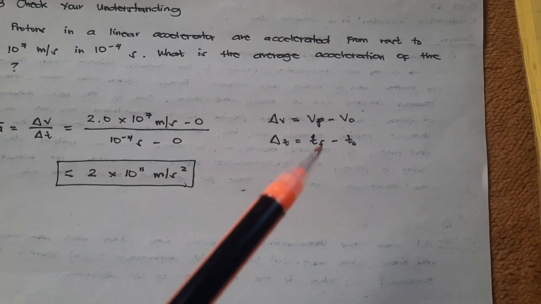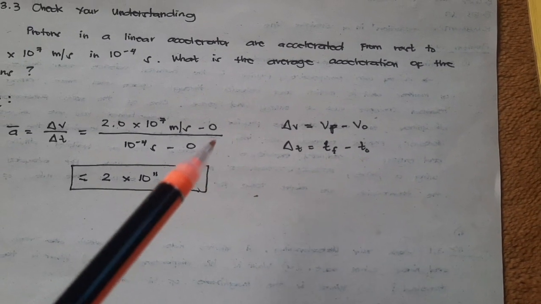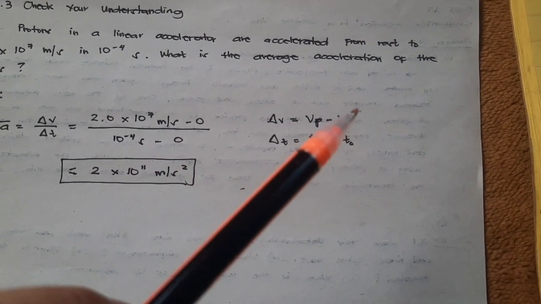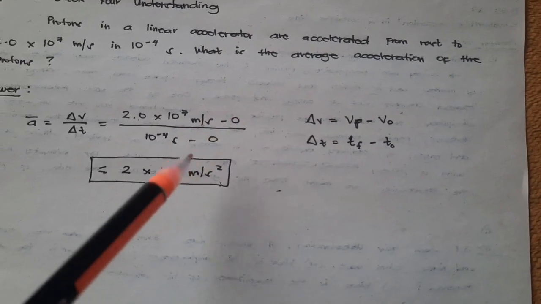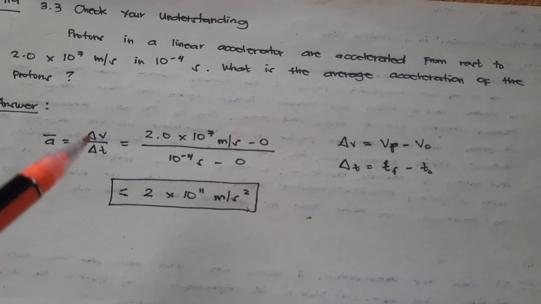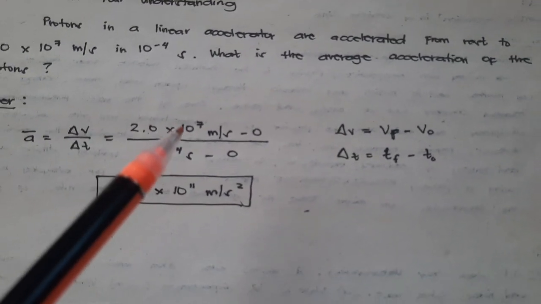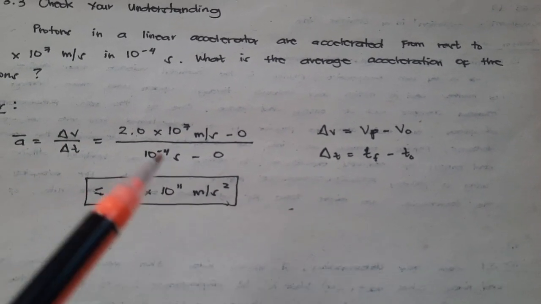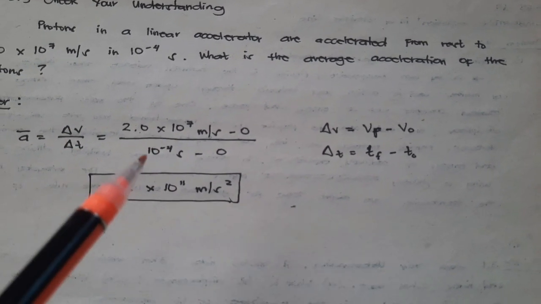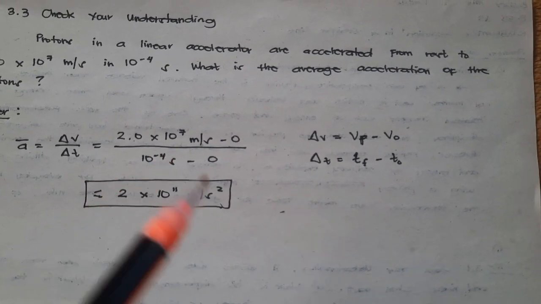Since the initial velocity and time are at rest, they are zero. So change of velocity is 2.0 times 10 to the 7th power meters per second, over change of time, which is 10 to the negative 4 power second.